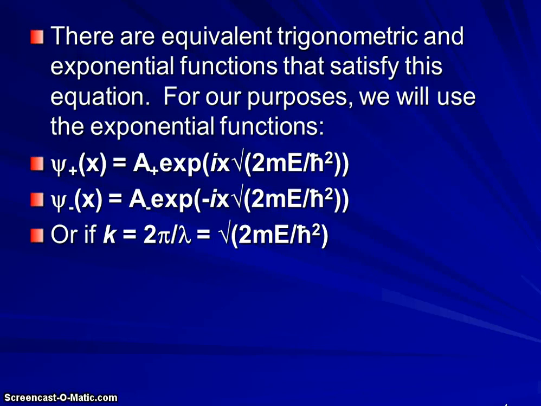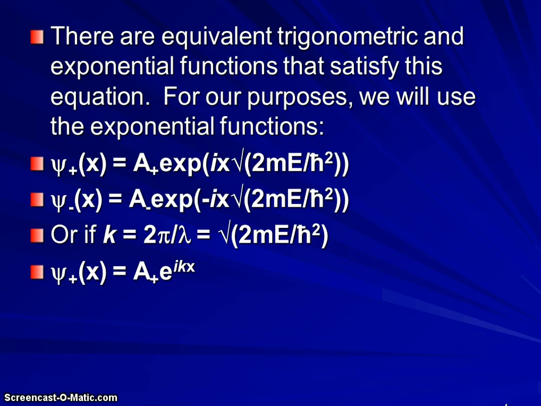So they're equivalent based on the fact that 2 times m times kinetic energy is the square of momentum. So the square of momentum over the square of h bar, all square rooted, is momentum over h bar. And so like I said, you should be able to work that out. I can prove it for you in class if we need to.